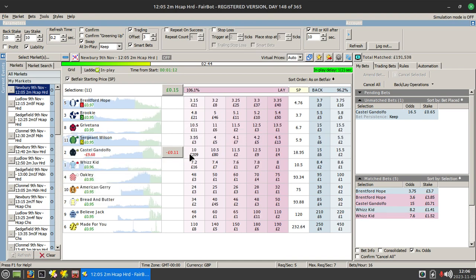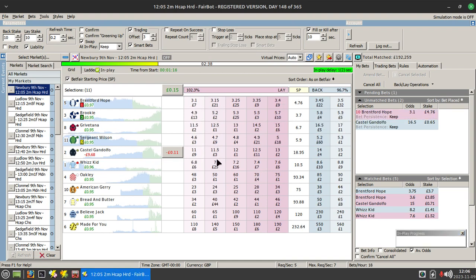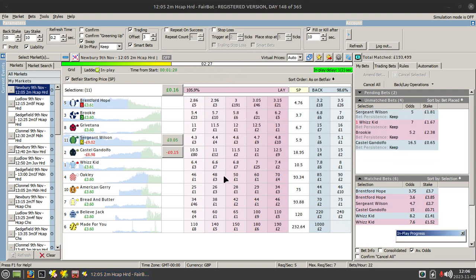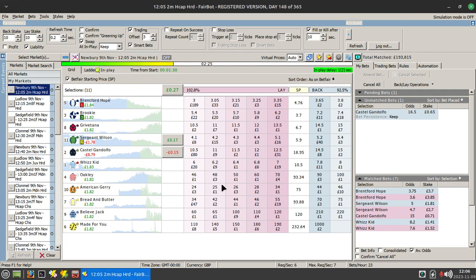I've still got an open trade on Castel Goldonfo, so I don't get involved in him again, but I can go back in and select some of the other runners. Now, generally speaking, you would want to get out round about the halfway mark, give or take. It's really up to you, but the longer you leave it, the more volatile the market becomes, and the danger is that you find yourself getting caught.